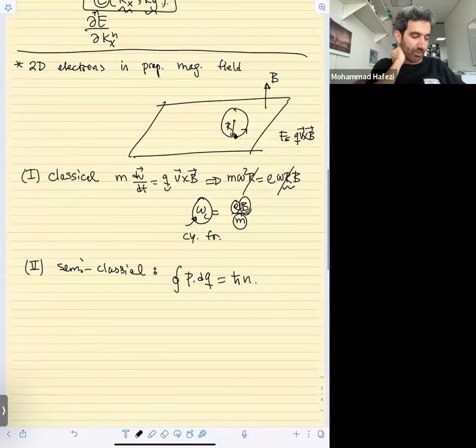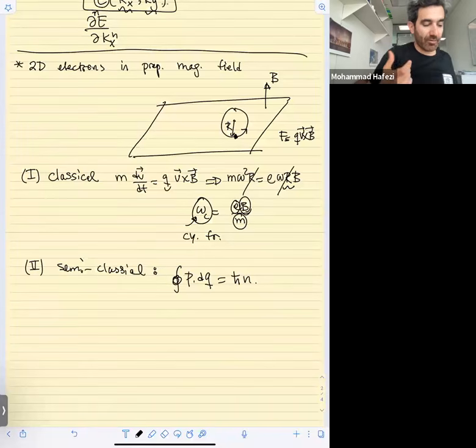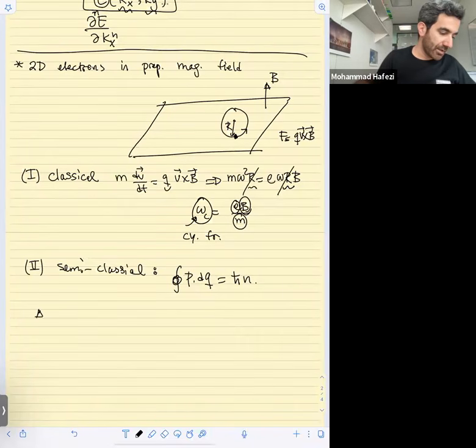Another approach that I usually like is that I want to see how small these orbitals can be allowed by quantum mechanics. So if I assume the smallest orbital, what would be the value of the r that I get? Because I know from Heisenberg uncertainty, x and p uncertainty cannot be smaller than h bar.